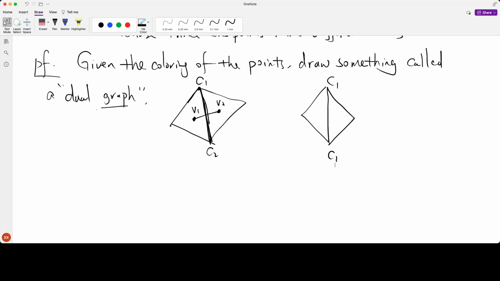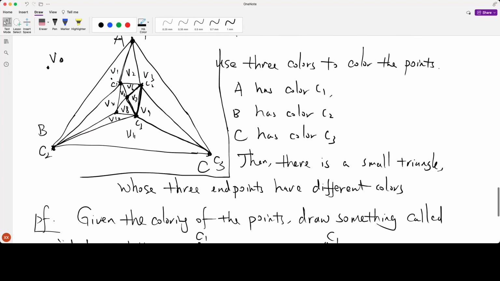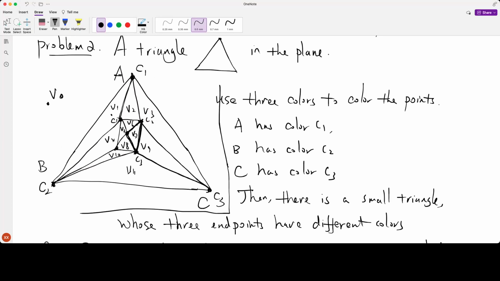Yeah. So let's see what's happening. Here, let's use red. Here I found an edge C1, C2. So it means that there is an edge joining V0 and V1, because this edge is C1, C2.